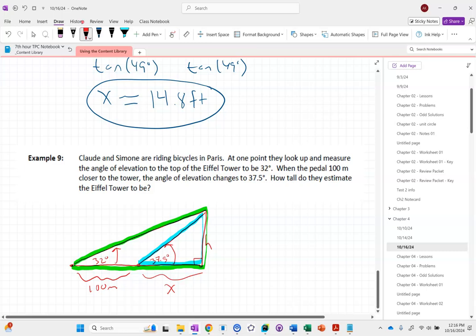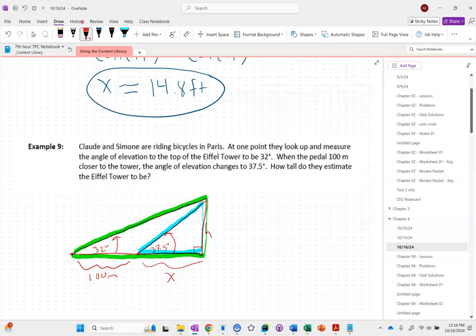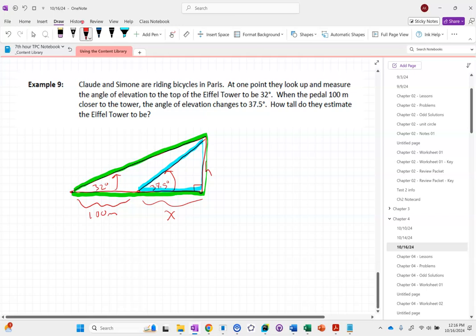So I'm going to call that x. If I redraw these two triangles then, I have that, right?